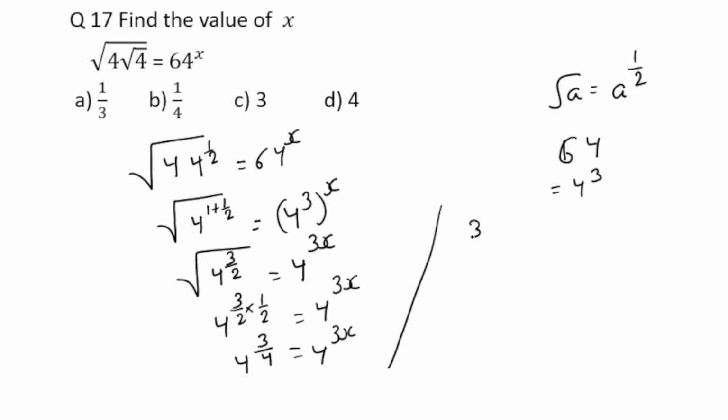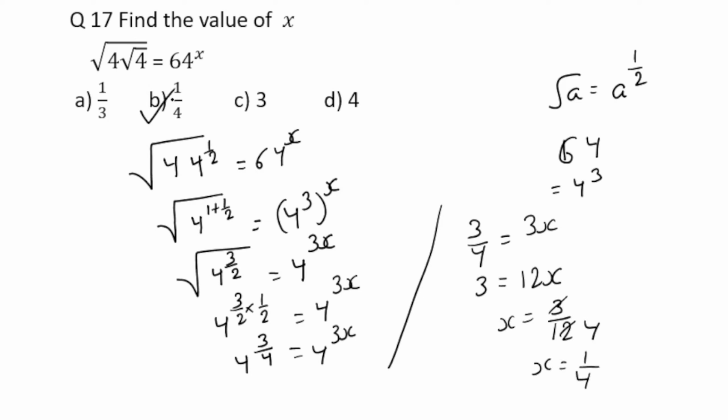That means 3 over 4 equals 3x. Now cross multiply. 3 equals 12x. x equals 3 over 12. 12 divided by 3, 4. x equals 1 over 4. The answer is B, 1 over 4.